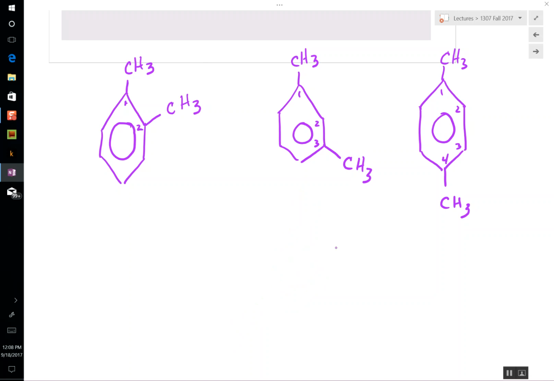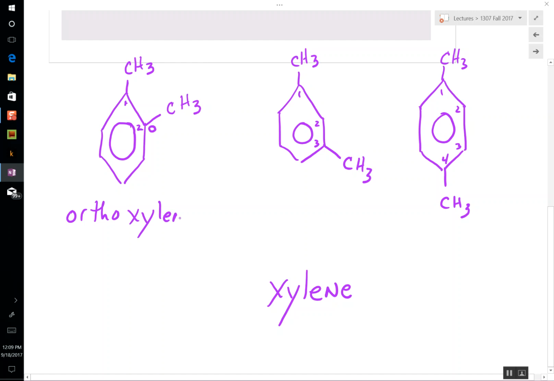When you get two methyl groups on here, this is called xylene. But I want to use it to illustrate ortho-meta-para. Instead of calling this 1,2-xylene, we use the term ortho: ortho-xylene. You might be reading a paper, and it refers to o-xylene.